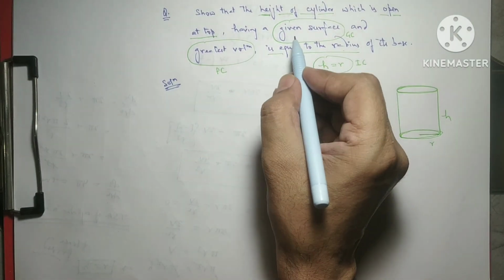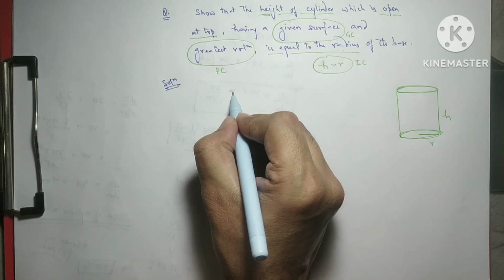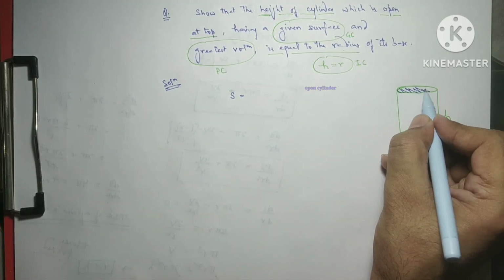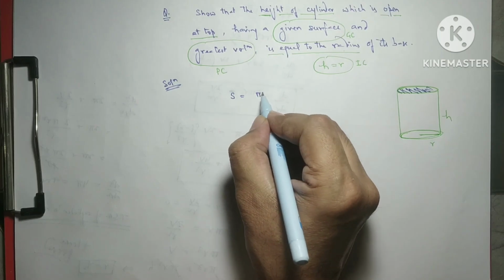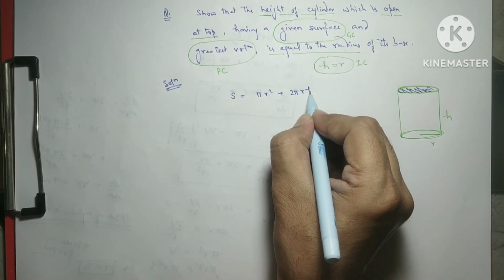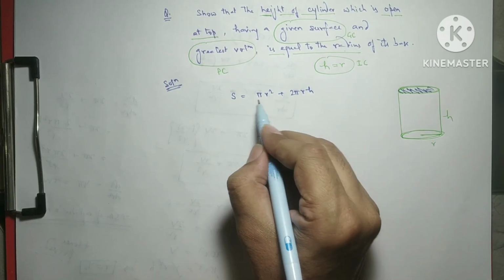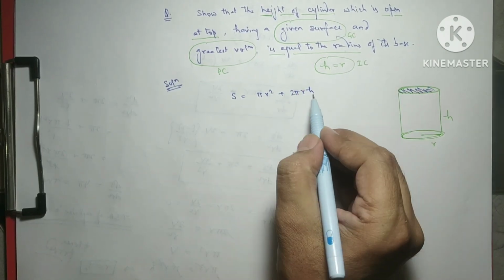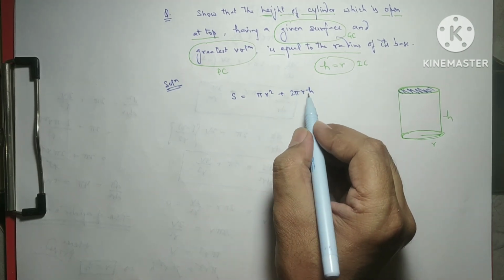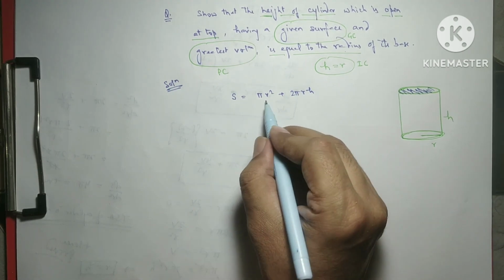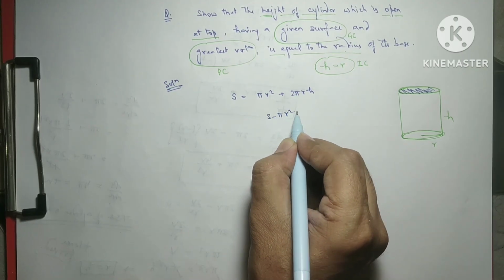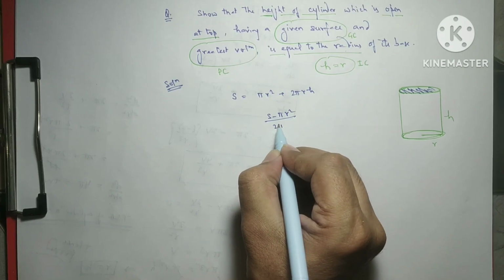So the given surface means surface area of open cylinder which is open at top, that is pi r square plus 2 pi rh, and this expression is in terms of two variables r and h. So first we convert it into one variable, so we will collect the value of h in terms of s and r. So that will be s minus pi r square divided by 2 pi r.